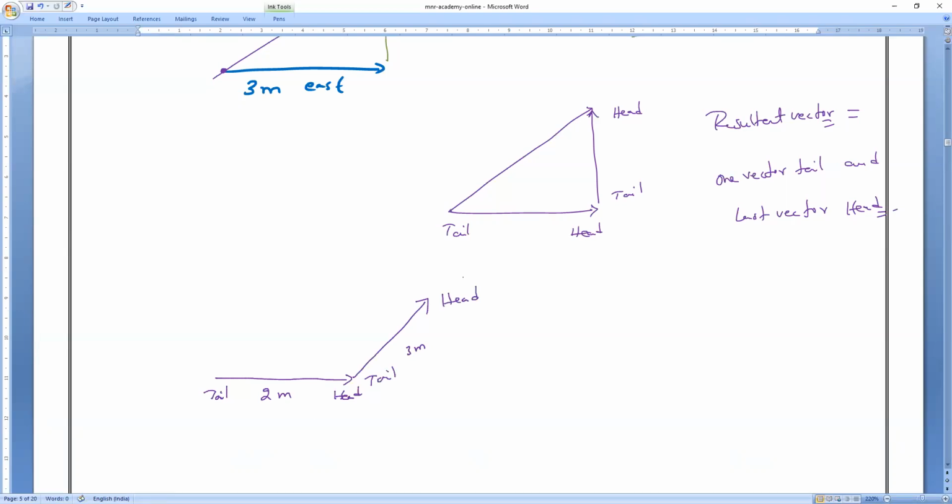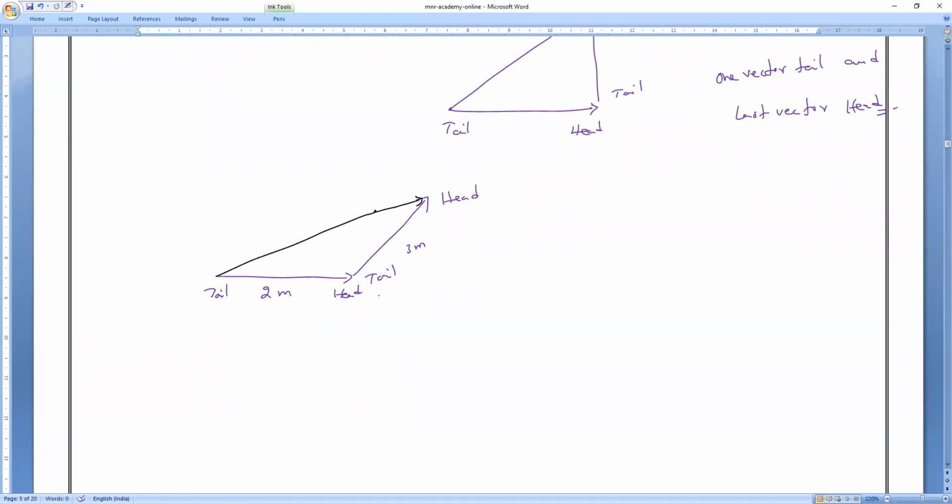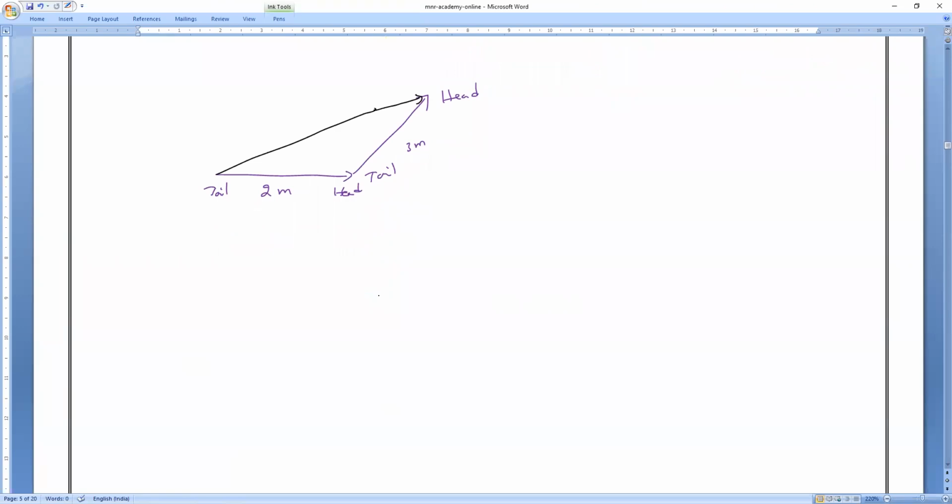So what is the resultant vector here? Anybody? Tail of the first vector, and the next one is head of the second vector. That is what you have to remember. Is it okay, everybody? Clear? Understood?